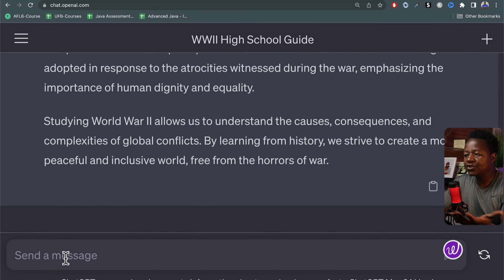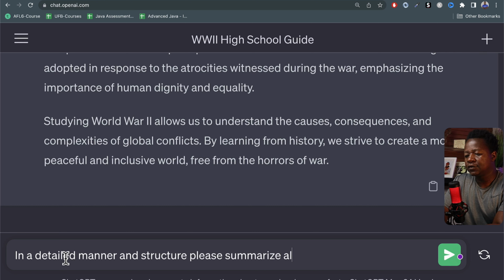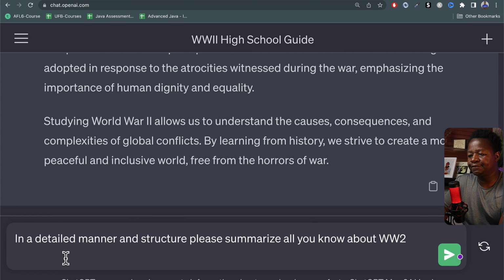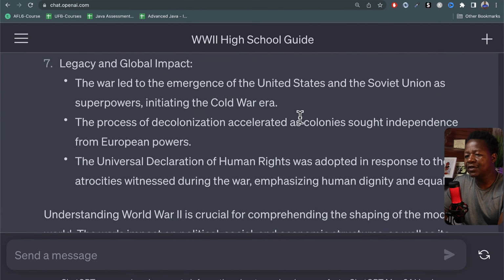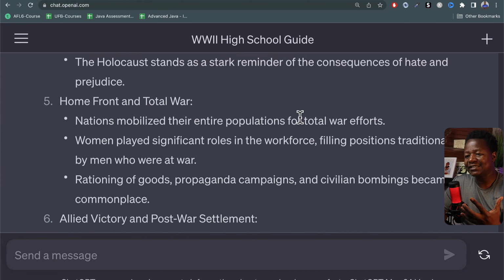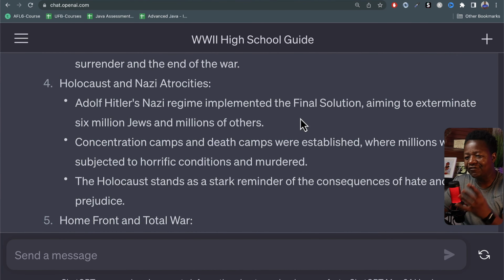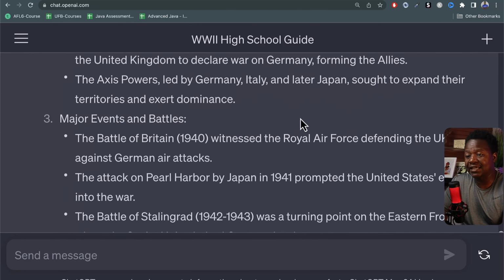Another way to make this even better, I could say something like this: "In a detailed manner and structure, please summarize all you know about World War II." And there we go. Now you can see we even have bullet points, because we were able to refine our prompt and ChatGPT was able to give us more succinct, to-the-point results, which is exactly what you want.